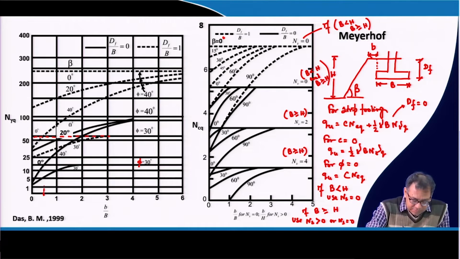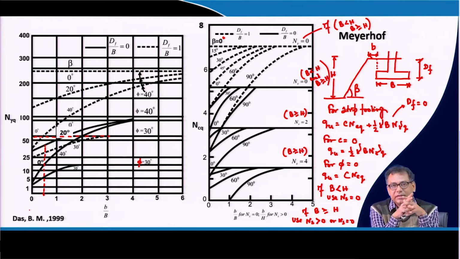So, if I extend this line, it will come here, and remember that in the chart in few cases they are normal scale, and in few cases they are log scale. So, when you are taking the values from the chart, keep in mind it is not always normal scale, it is sometimes log scale also. In a log scale, you know how the values are represented, so based on that you have to pick the value.